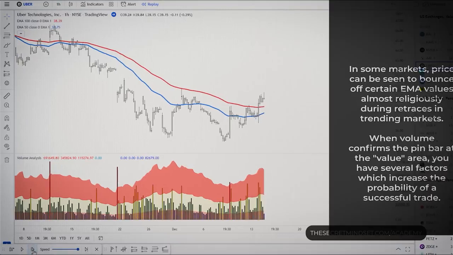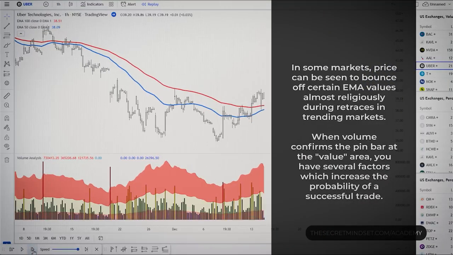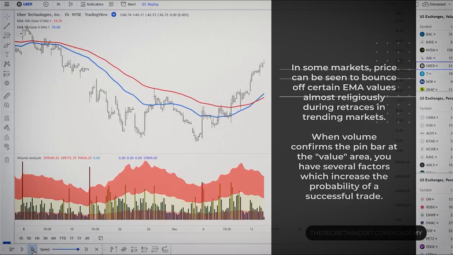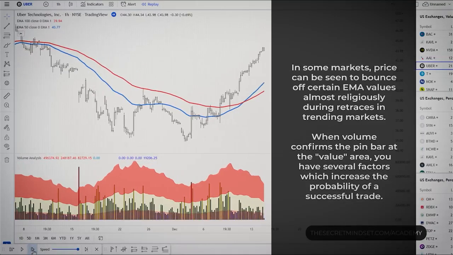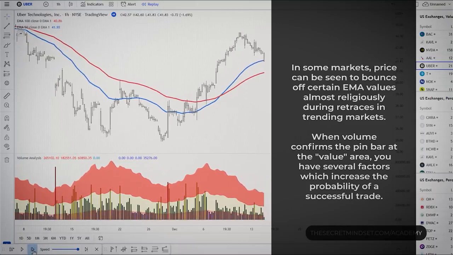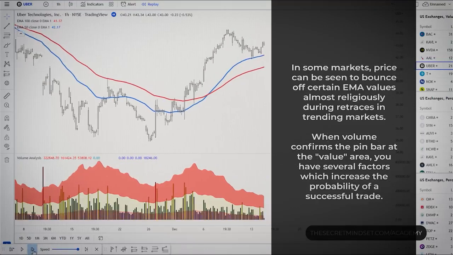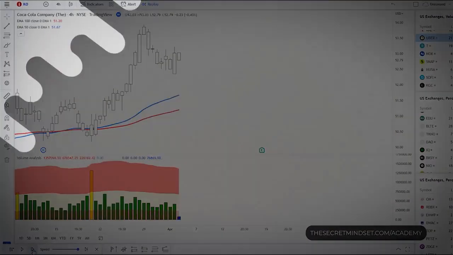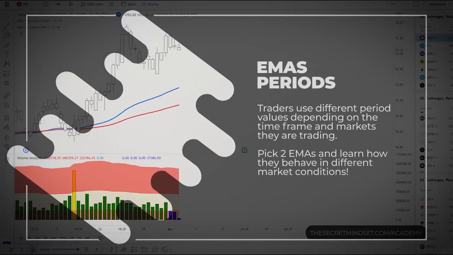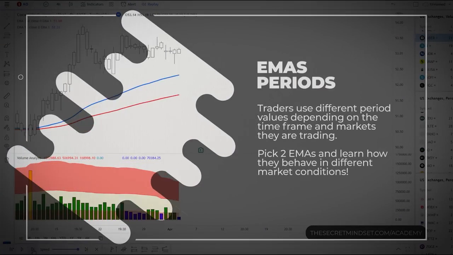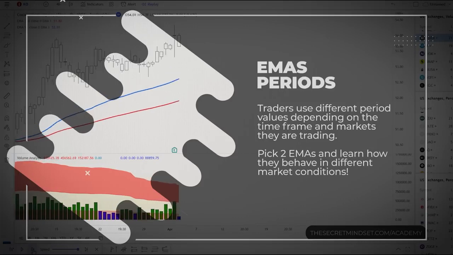In some cases, price can be seen to bounce off certain EMAs almost religiously during retraces in trending markets. And when volume confirms the pin bar, you have several factors which increase the probability of a successful trade. The only problem with EMAs is that everybody uses different period values, depending on the time frame and the markets they are trading.